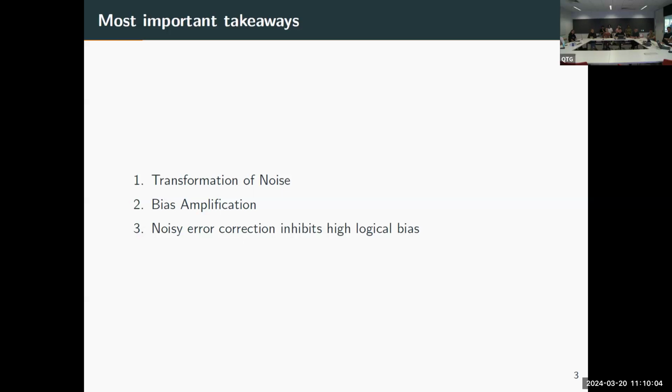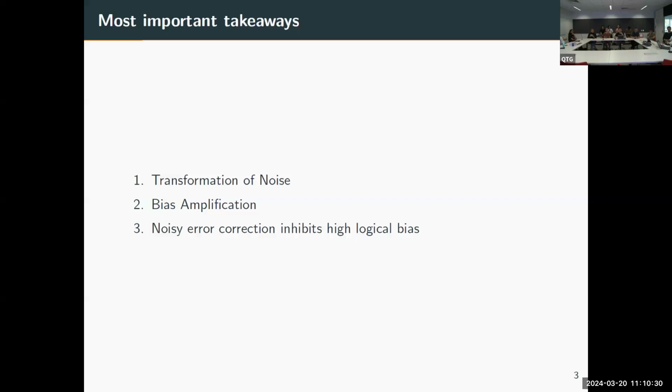And so if you would ignore the rest of my talk, I would say these are the three big takeaways in terms of the big factors here. Through the course of doing fault tolerance, like error correction, noise is going to transform in character.